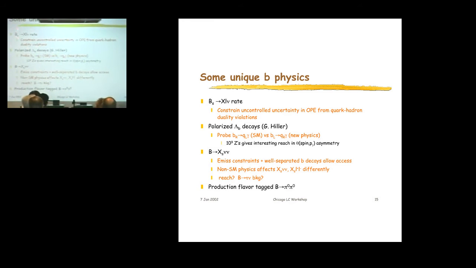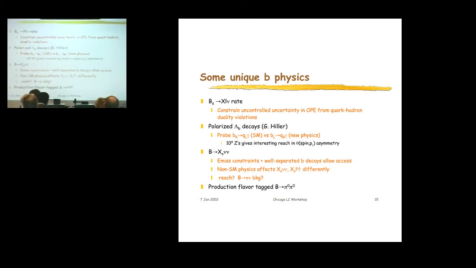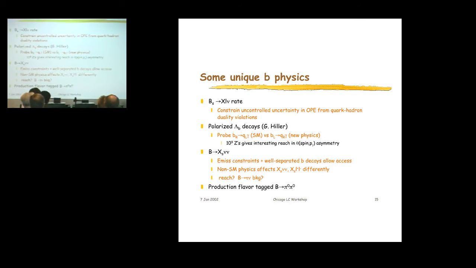However, the B_s system would be affected much differently than the B_u or B_d systems by the duality violation. And so if you can get consistent measurements of V_cb, for example, in both the B_u and the B_s systems, then you can really start to limit how big an uncertainty you have.